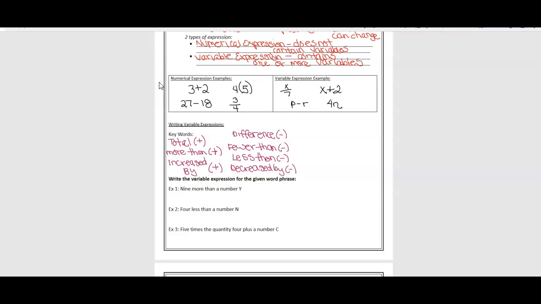Next, we have product. And this means to multiply. Now there's three ways you can show multiplication. You have your x, you have a dot, or you have parentheses. Okay, then we have times, good old times. And again, you can show it using the x, a dot, or parentheses.